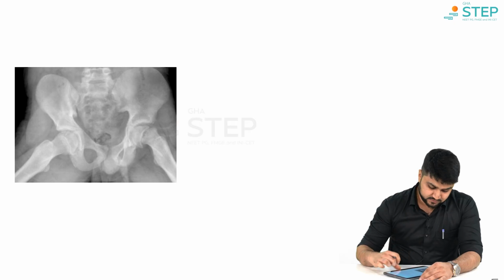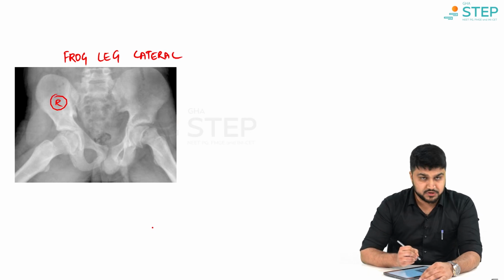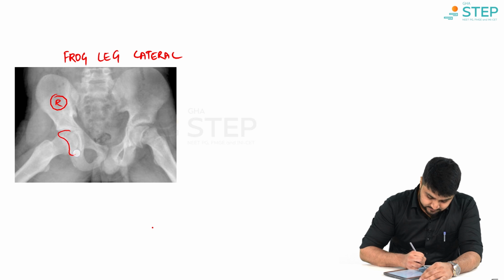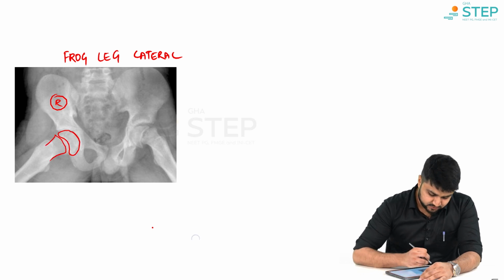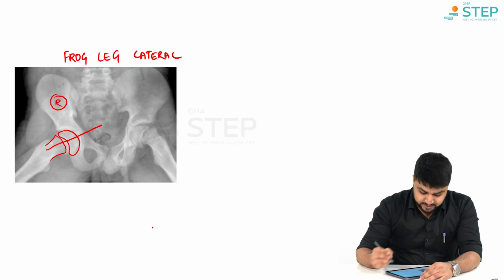Okay. So this was the anteroposterior radiograph. Now let's look at the frog leg lateral. So this is a frog leg lateral radiograph of the hips. Again, the right side is the normal side. You can see the femoral epiphysis and the femoral metaphysis. Here if I draw a line along the axis of the neck, it usually passes or is along the axis of the femoral epiphysis as well.